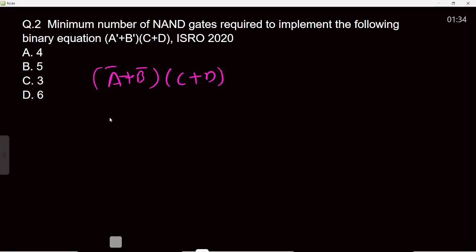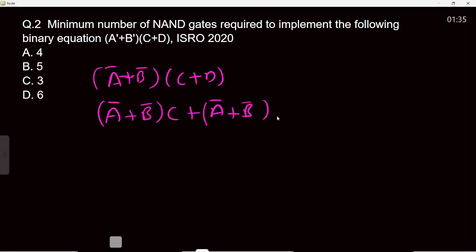Now I will simplify this so that I am able to draw the minimum NAND gates. Then we will use the distributive law, so that will be (A bar plus B bar), and in brackets C plus (A bar plus B bar).